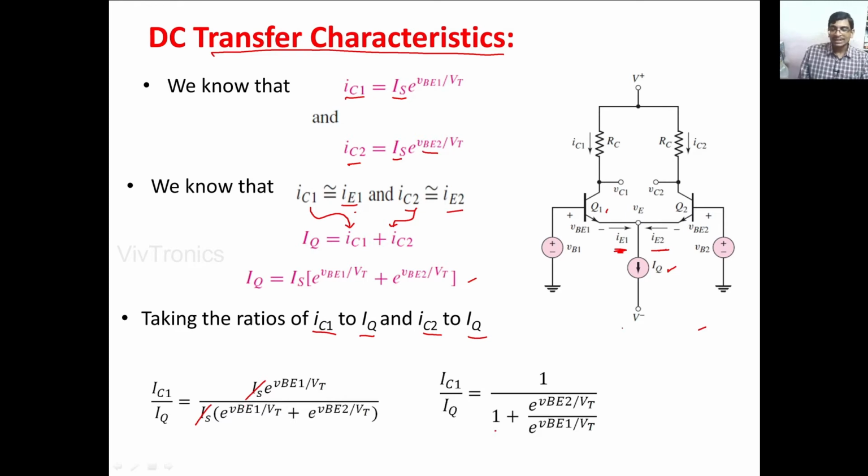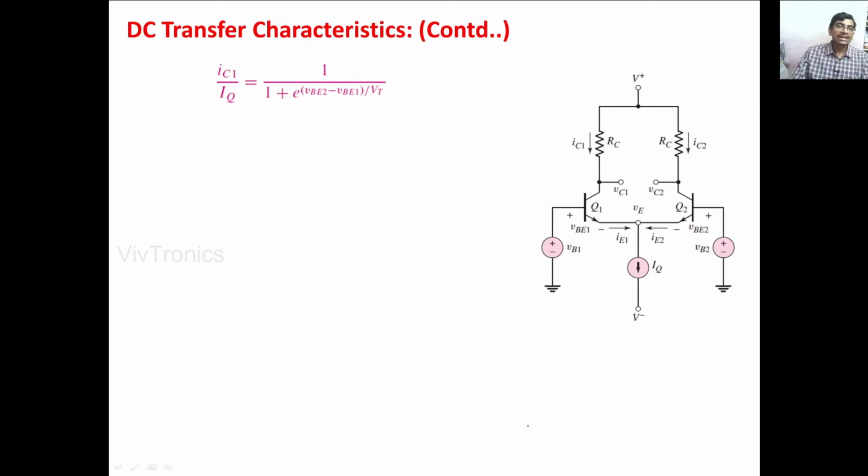Then we can write e power x divided by e power y as e power x minus y. So from that we can write IC1 divided by IQ as 1 divided by 1 plus e power VBE2 minus VBE1 divided by Vt. That is the ratio of IC1 collector current to the IQ current.